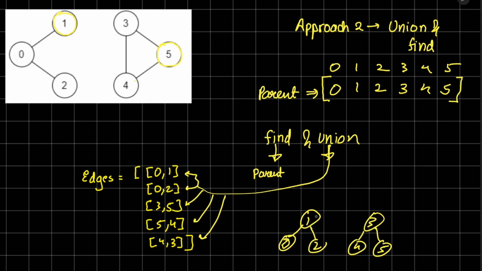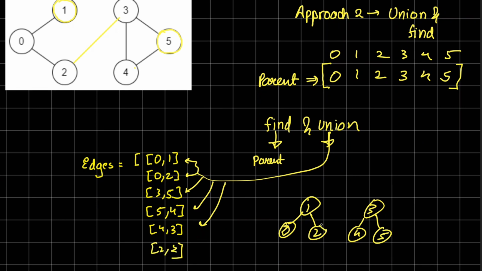So now if we are given this edge, this 2 to 3 edge, let's say the edge 2 to 3 comes, and now the parent of 2 is 1. So in the union function we will find the parent of 2, which will be 1, and the parent of 3, which is 3 itself.